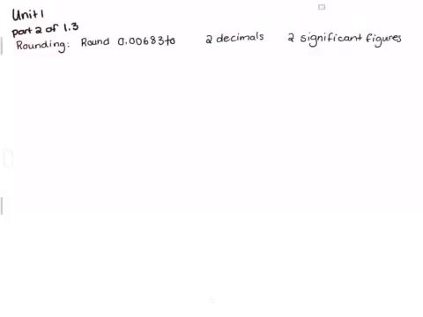And this example is a nice way to explain the difference between rounding to so many decimals as opposed to so many significant figures. Rounding to 2 decimals means we're going to first write 3 decimals.